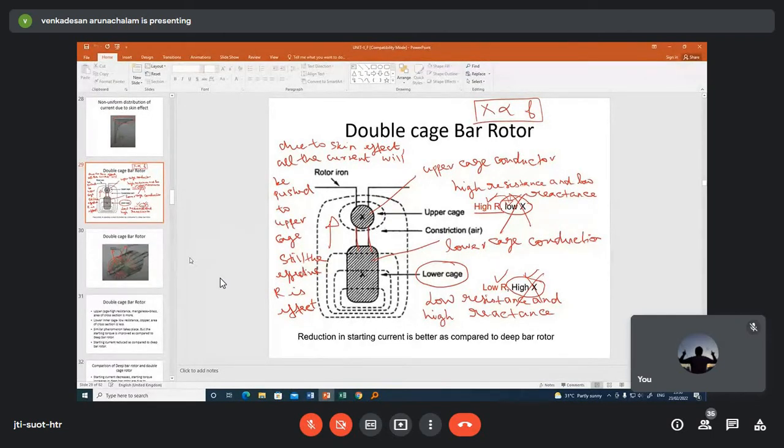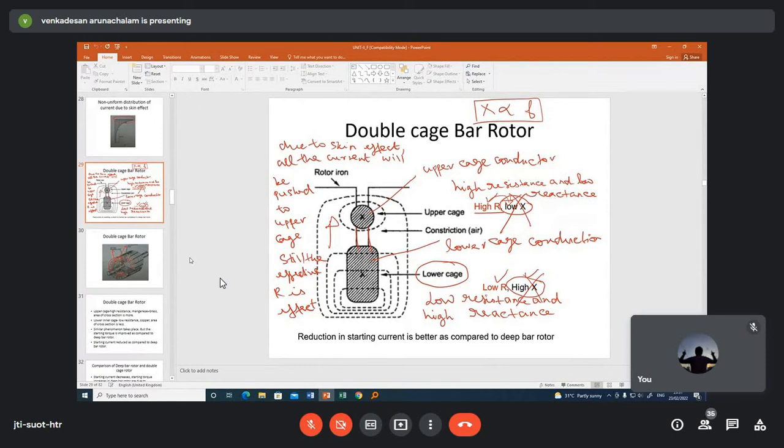Deep bar rotor means that the depth of the rotor conductor is very large, and if the frequency is very high or under alternating current condition, the skin effect is dominating there and we will get higher reactance in the bottom of the conductor and less reactance at the top of the conductor.